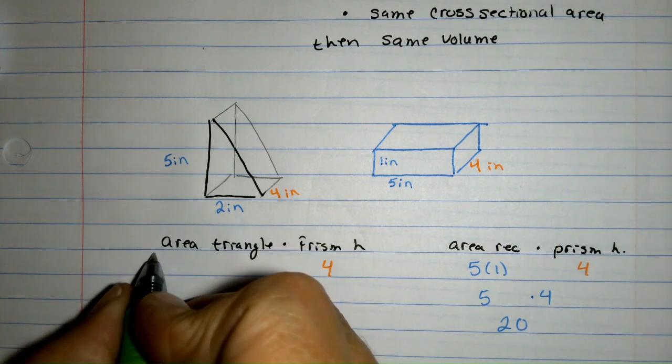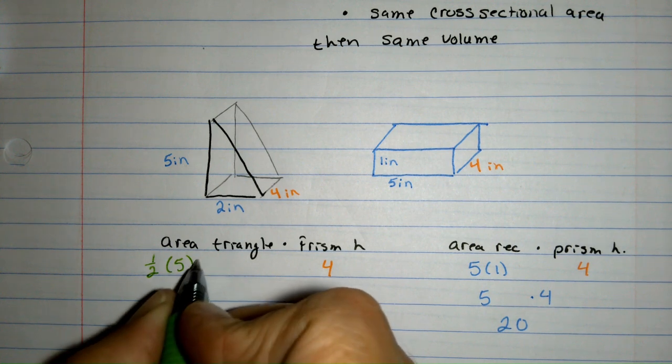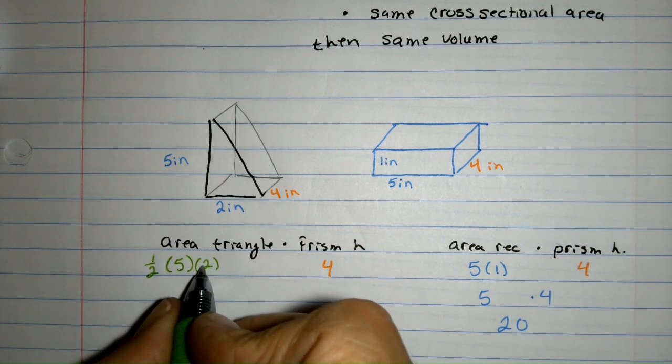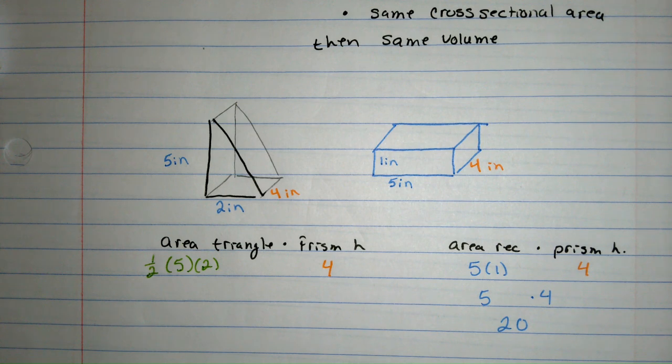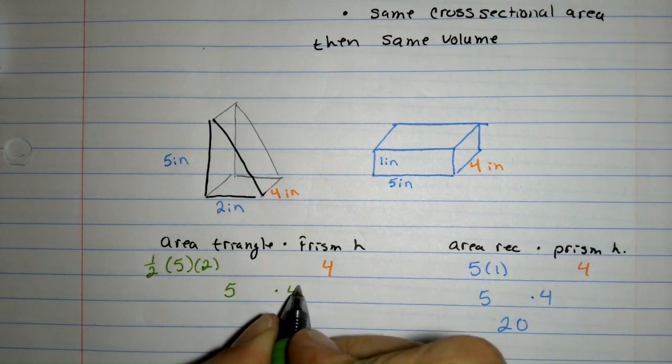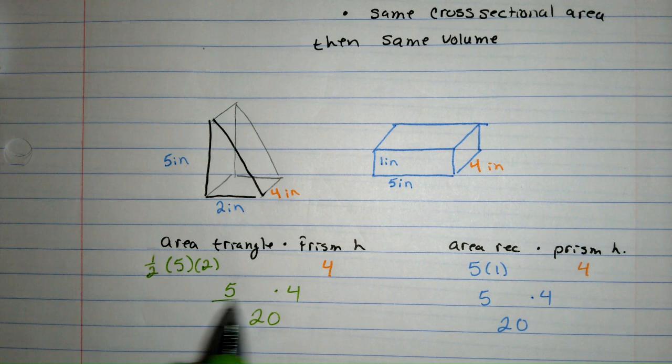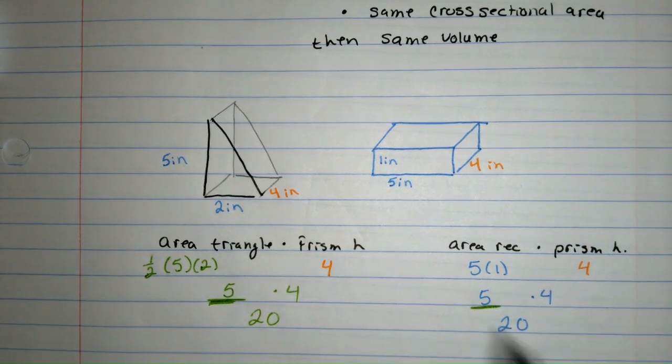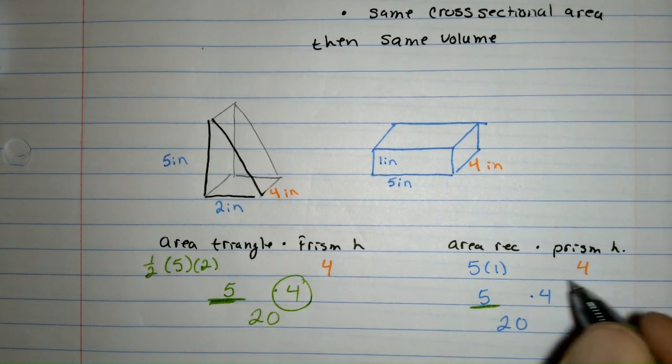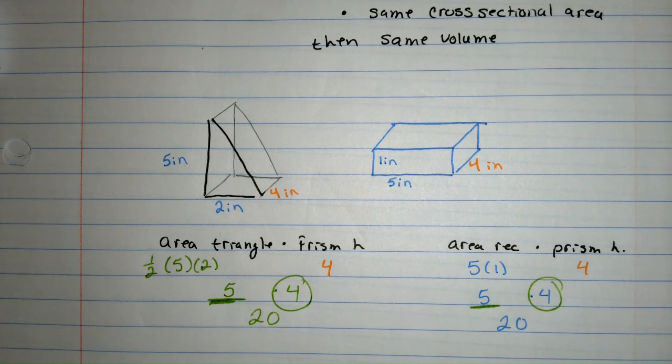Over here, 1/2 base times height. So 5 times 2 is 10, times 1/2 is 5. So 5 times 4, also 20. So they had the same cross-sectional area and the same prism height, and therefore they came up with the same volume. Were they the same shapes? No, but they did have the same volume. So that's what Cavalieri is saying, is that if you have that phenomenon, that it can happen. You don't have to have exactly the same shapes to have the same volume. Okay.